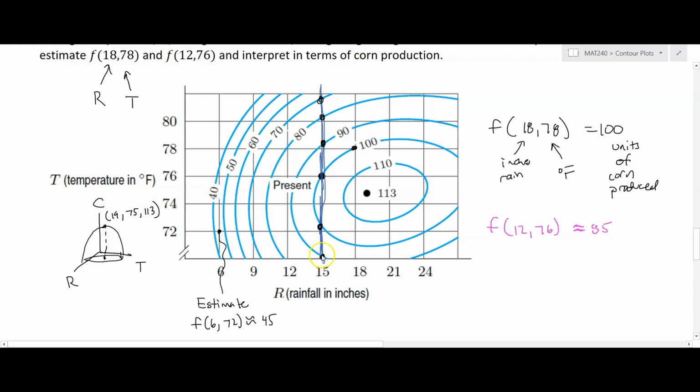So at this point here, I have 15 inches of rainfall. The temperature appears to be about 70. I'm going to guess that even with that break in the graph, that's about 70 degrees Fahrenheit. So with 70 degrees Fahrenheit, I expect a production of 90 units of corn.